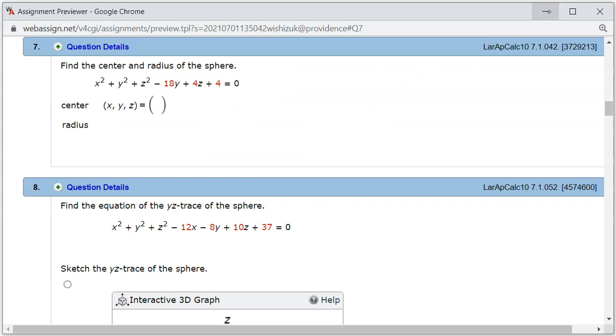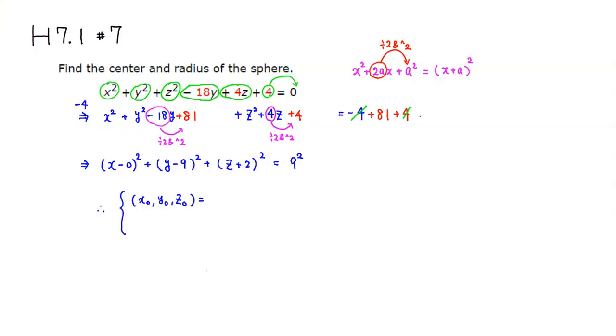Actually, they just call it x, y, z. It's going to be 0, comma, 9, comma, and you have to change the signs, so it's negative 2. Then the radius r is going to be 9.